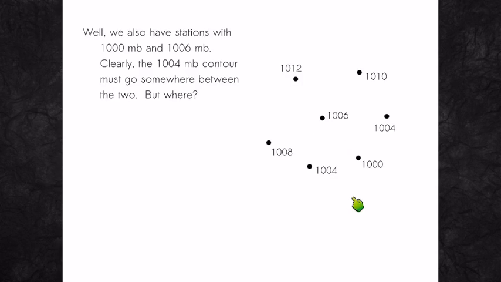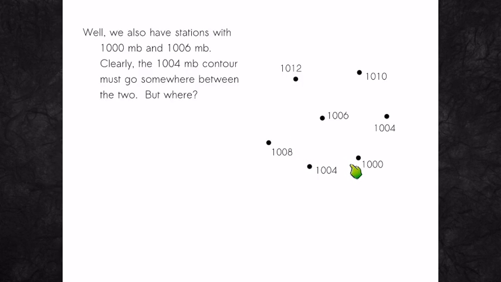That is, if we start down here at 1000 and drive our car up towards 1006, we're going to assume that the pressure is increasing at a steady rate. It's a nice smooth transition in pressure. And that's probably a pretty good assumption if you have enough measurements to represent the pressure field well. You can probably assume that between any two stations, the pressure is varying fairly smoothly.